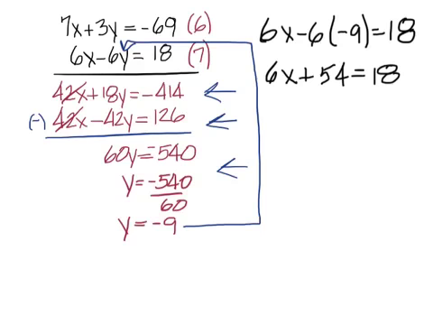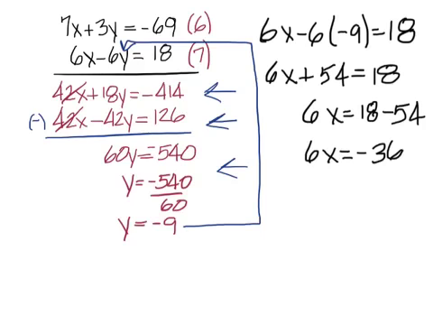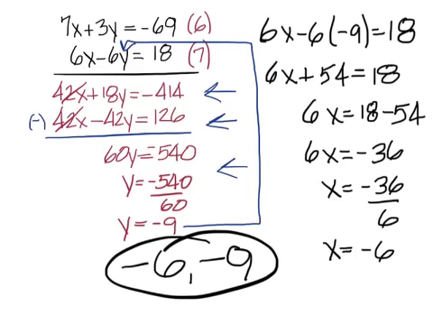Plus 54. Move it to the right side, make it minus 54. Simplify the right side to get negative 36. And divide negative 36 by 6 to get negative 6. The final answer would be negative 6, negative 9.